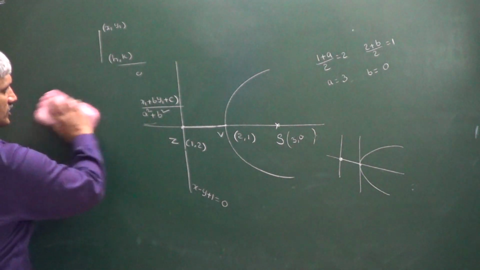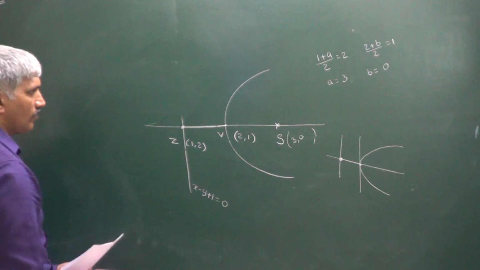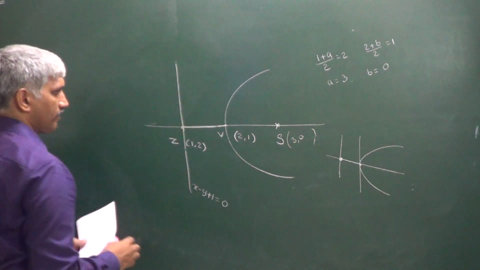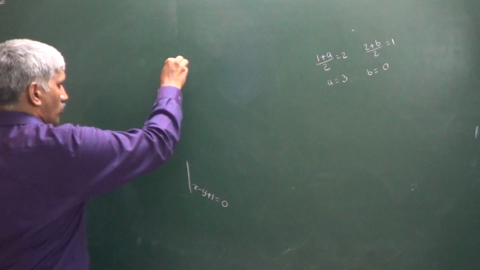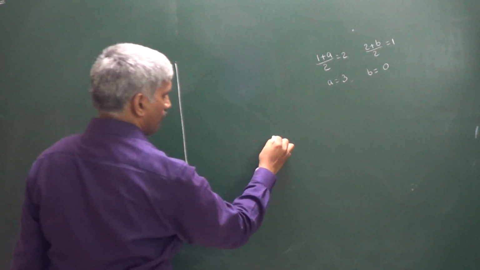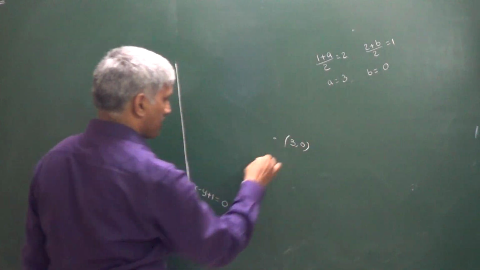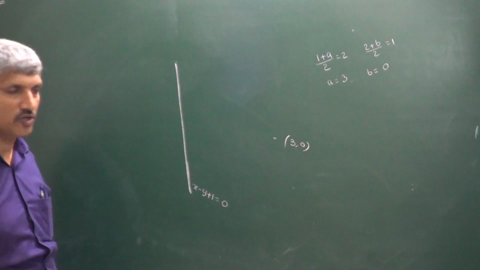We know the focus is (3, 0) and the directrix is x minus y plus 1 equals 0.